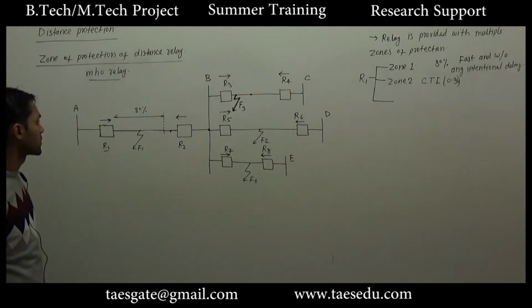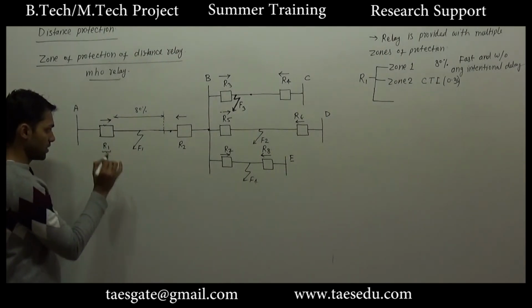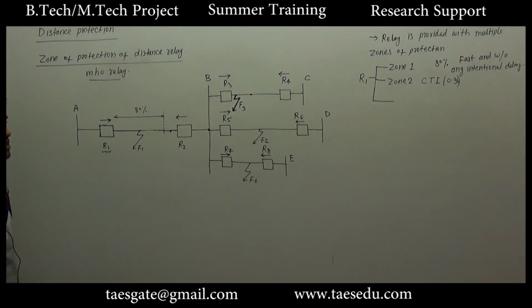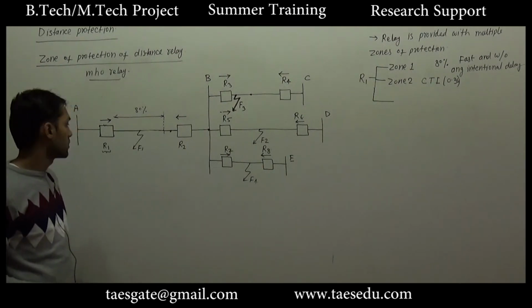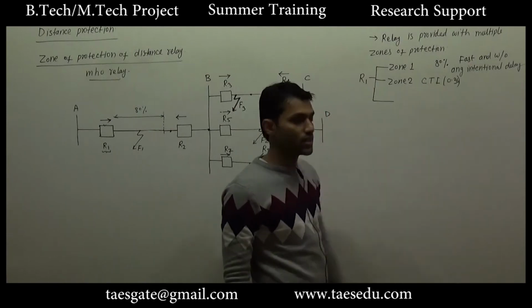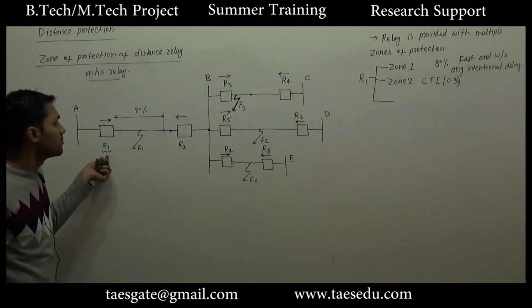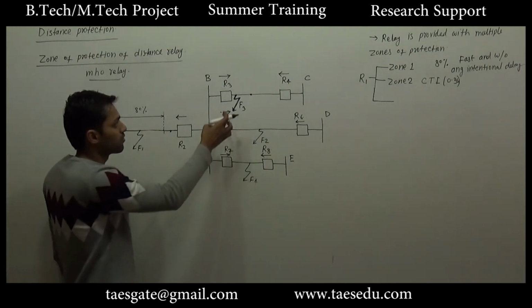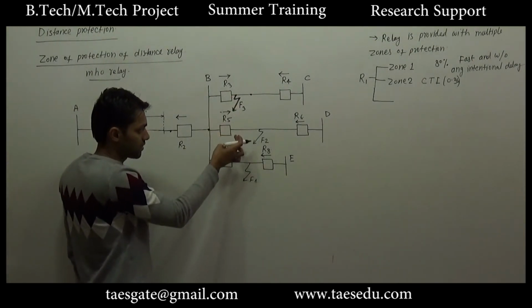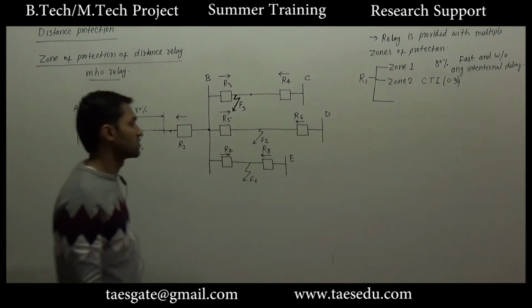The backup protection will be provided by relay 1, and backup protection should always be after a coordination time interval. So zone 2 is already operated after a coordination time interval. The zone 2 protection of relay 1 will be used for providing backup for R3 as well as for R5 and R7.